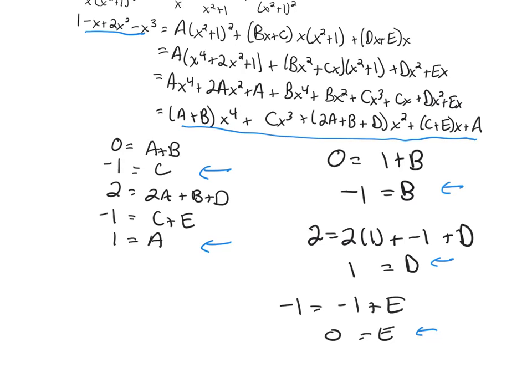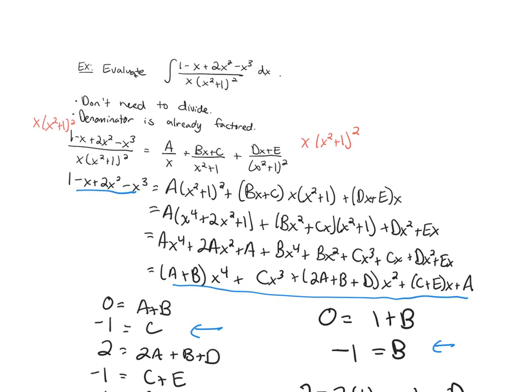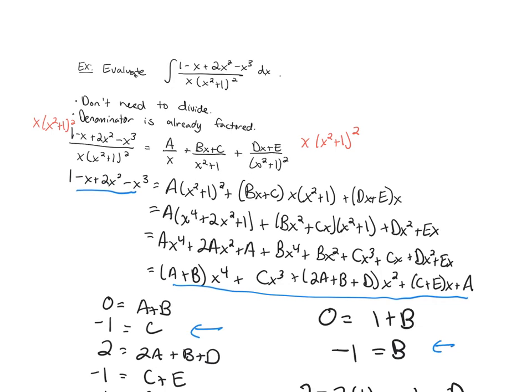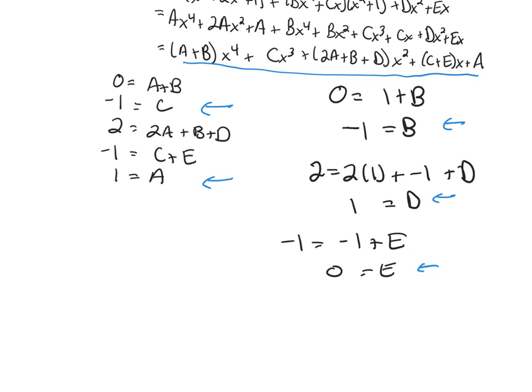Okay, so we now know these coefficients, which is great, because now I go back to my original problem, and I had this integral that I wanted to solve for. So now I can replace these with these fractions. So let's go ahead and plug in all of our fractions. So now we're looking at the integral.